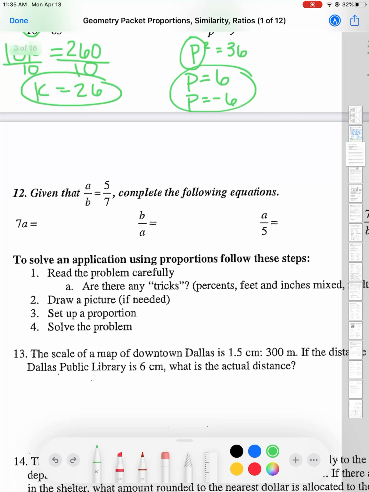All right, given that a over b equals 5 over 7, complete the following equations. So 7a would be equal to 5b. That's just if we would cross multiply. Now, b over a equals 7 over 5.